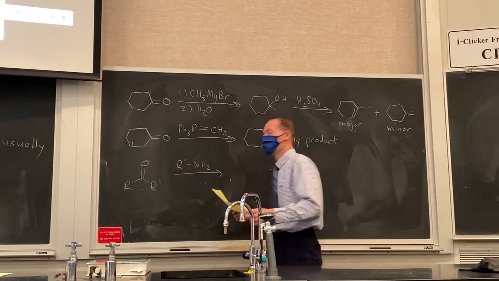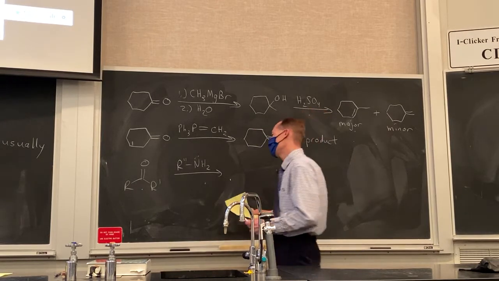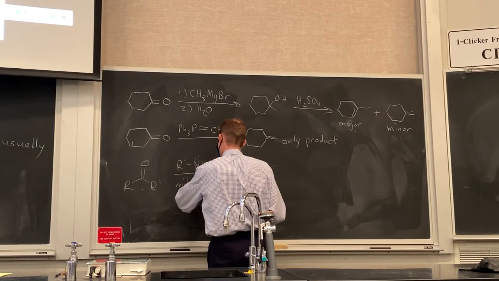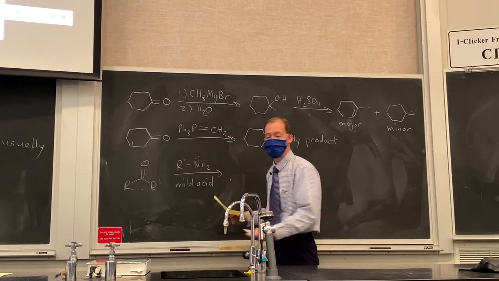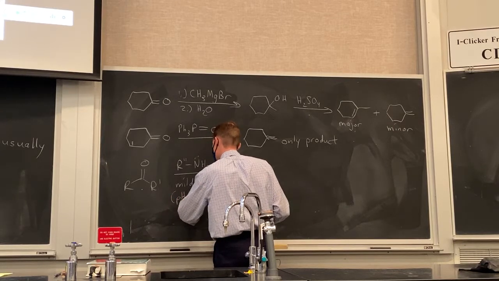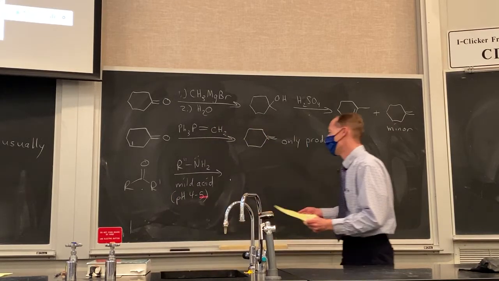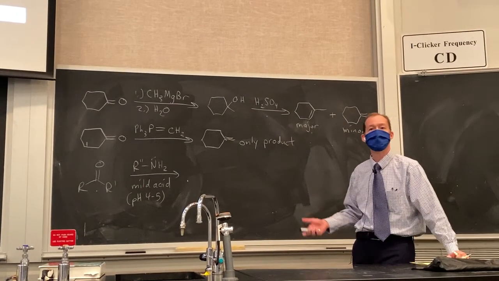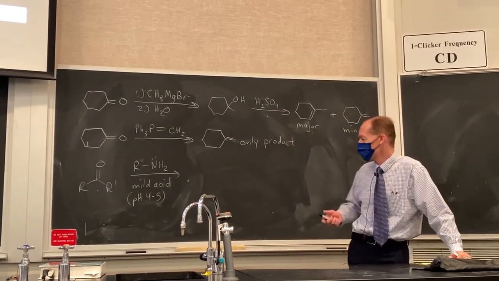And we can react a primary amine with an aldehyde or a ketone. The book tells us that we need mild acid present. That's the book's way of saying we need a pH somewhere in the range of 4 to 5. We'll explain why this narrow pH window is critical in a moment.